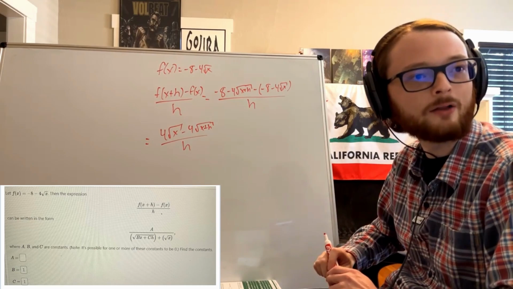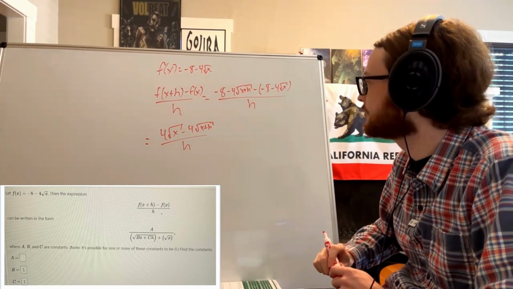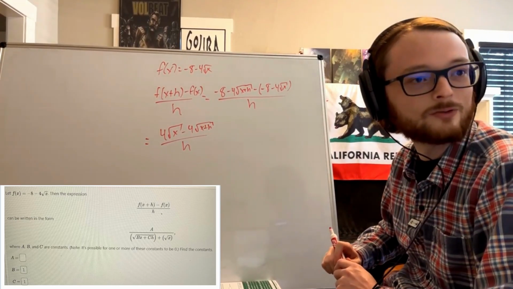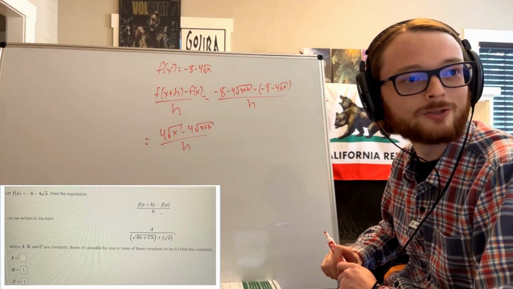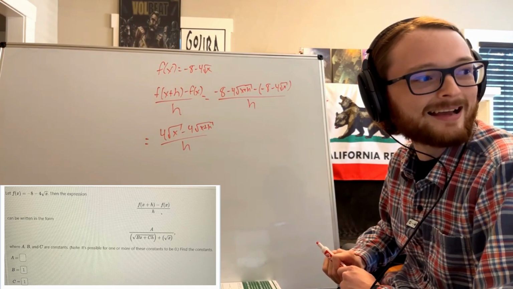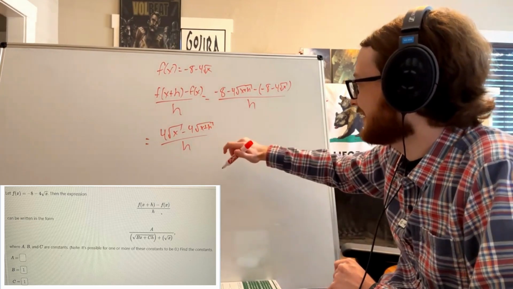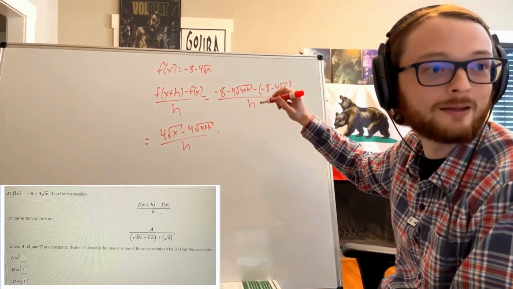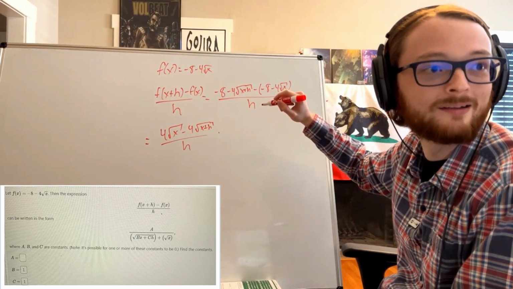How do we get a constant in front of the x and the h? This just seems like weird algebraic manipulations, but I guess let's rationalize it, or let's multiply it by the square roots. I assume this must be how you take the limit.